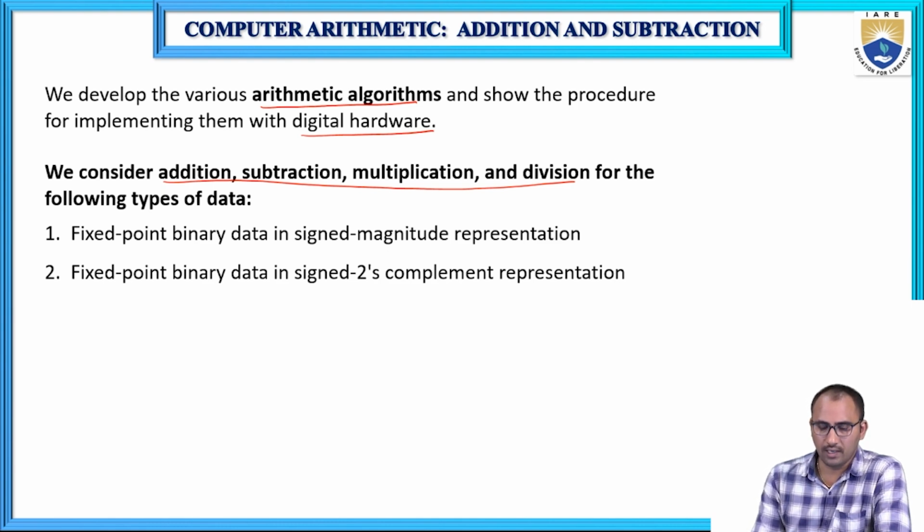The first is fixed point binary data in signed magnitude representation. The second is fixed point binary data in signed twos complement representation.